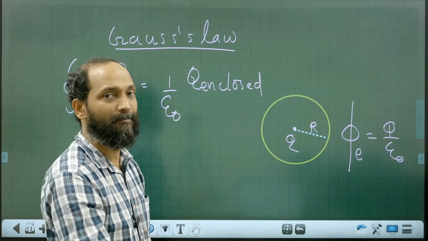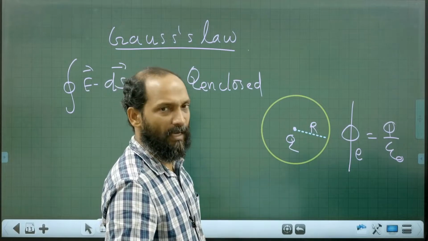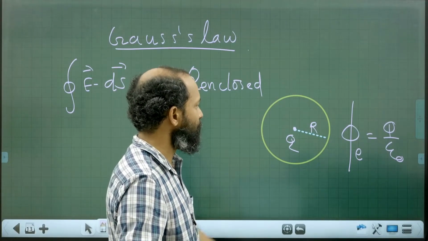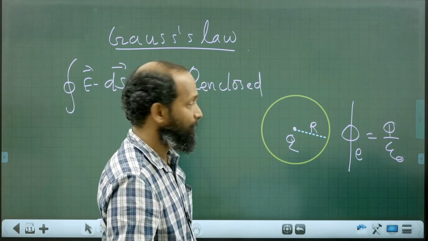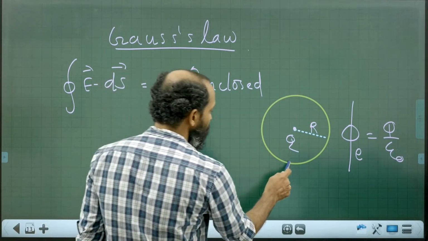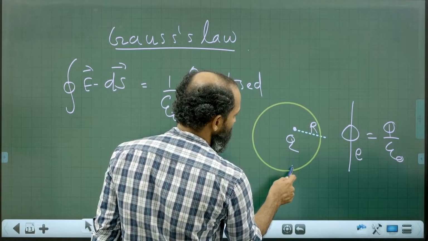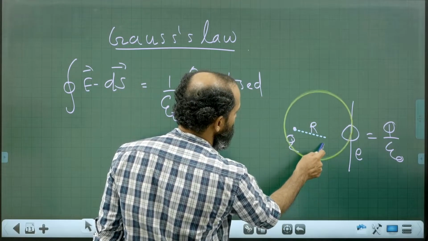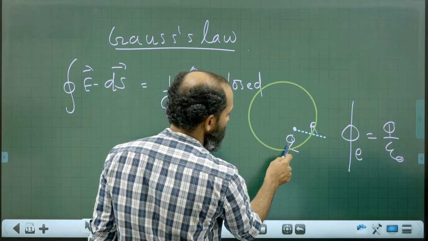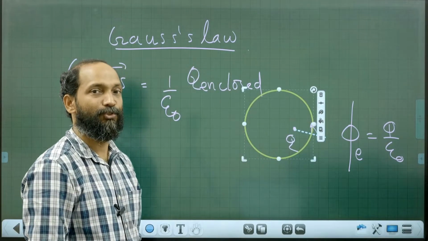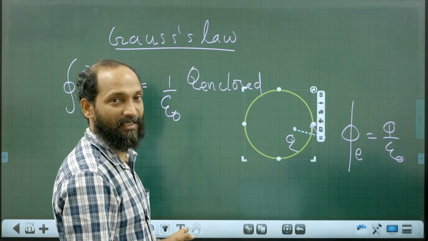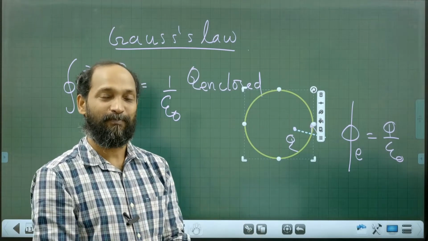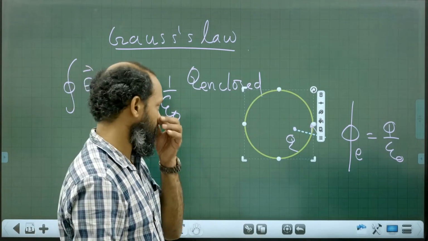But here in vacuum it is Q by epsilon 0 because Q is the only enclosed charge. Now you move this sphere slightly anywhere, keeping the charge inside. Charge Q is still inside, and the flux remains the same.